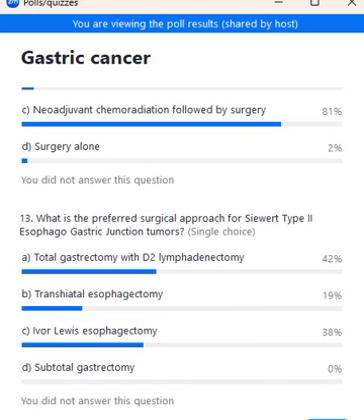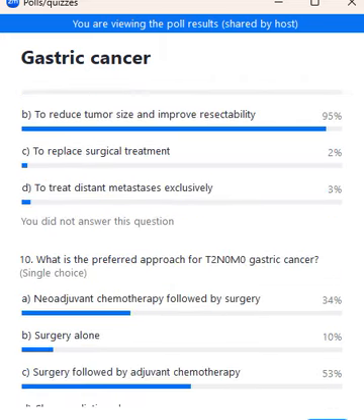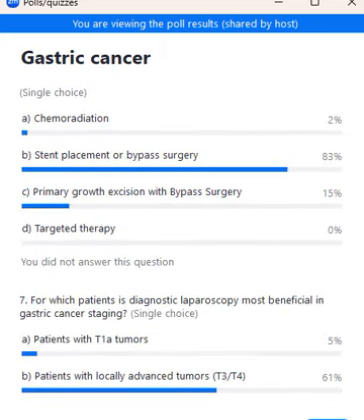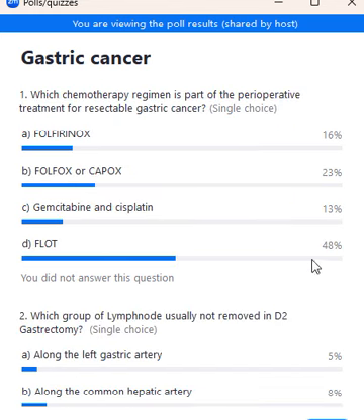Thank you. First, thanks to Dr. Maruf for submitting such a wonderful poll with very pertinent and relevant questions. About question 6, we focus on question 6. Gastric outlet obstruction due to advanced gastric neoplasm or gastric cancer. Options were stent and bypass, or primary resection and bypass surgery.